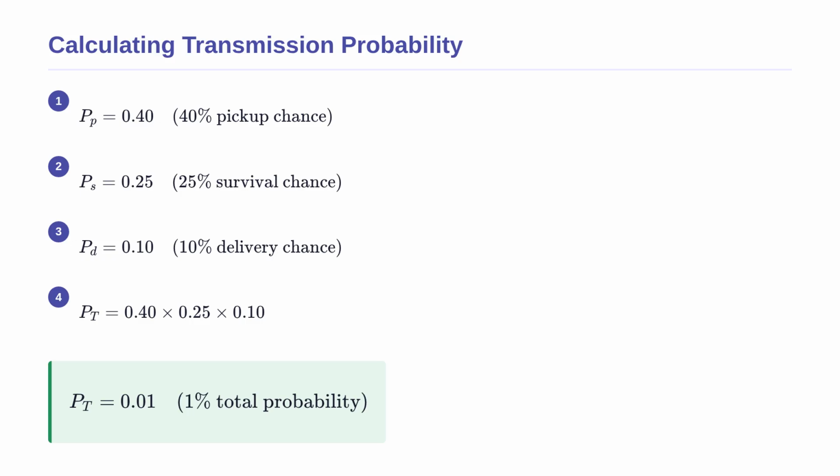Finally, there is a 10% chance it is successfully delivered, so P_D is 0.10. We multiply these decimal probabilities together, 0.40 times 0.25 times 0.10. This gives us 0.01, or exactly 1%. This low probability perfectly explains why bedbugs are not major drivers of epidemics.